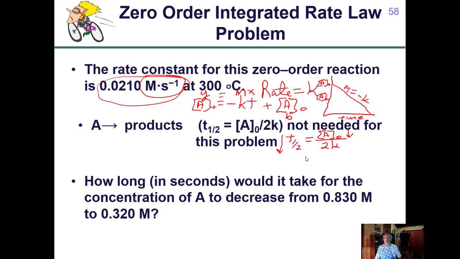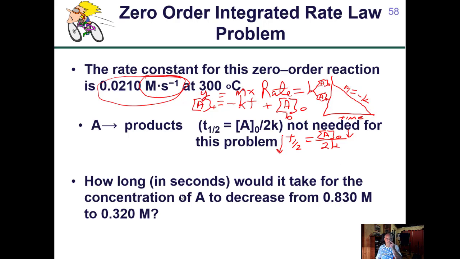An easy way to distinguish between the half-life for zero order and for second order is that for zero order, the lowering of the concentration equals a lowering of the half-life, and in a second order, it's exactly the opposite. The lowering of the concentration equals the raising of the half-life. So go back, you can just scroll back, take a look at the second order half-life equation, compare it to the zero order half-life equation.